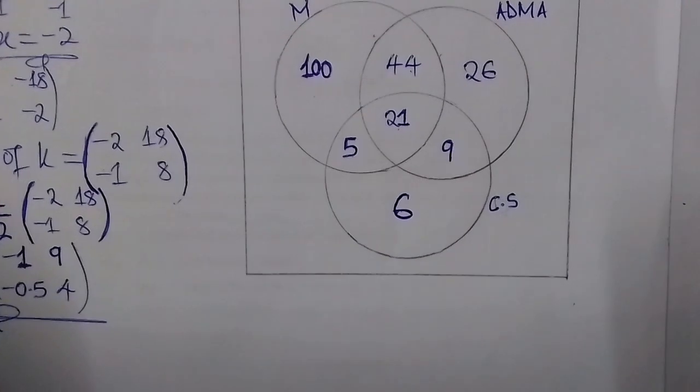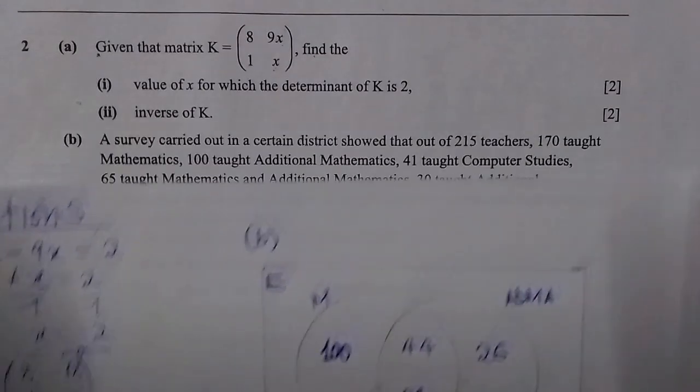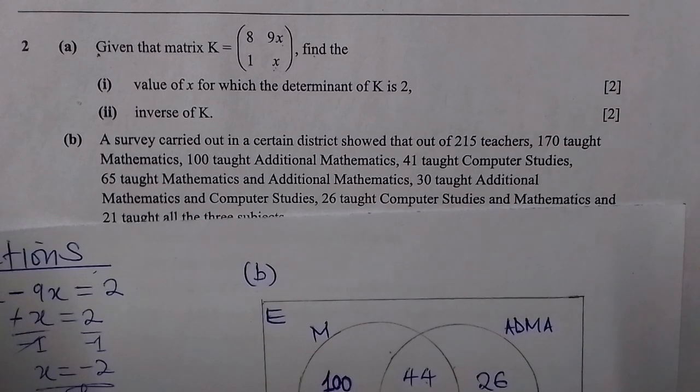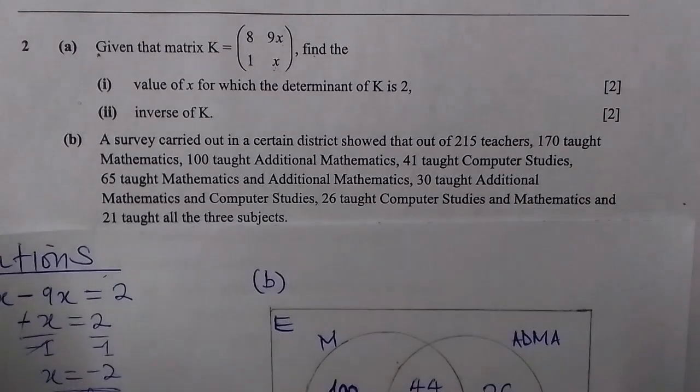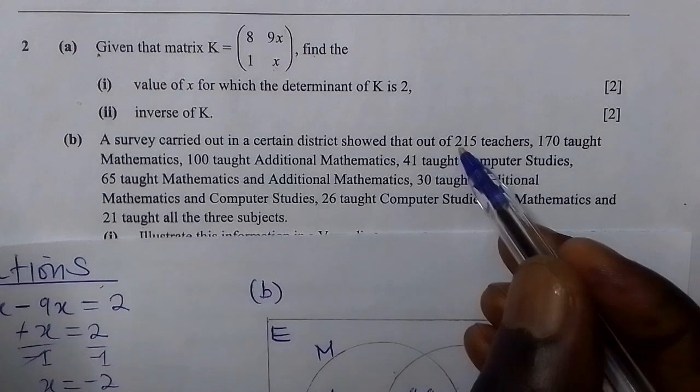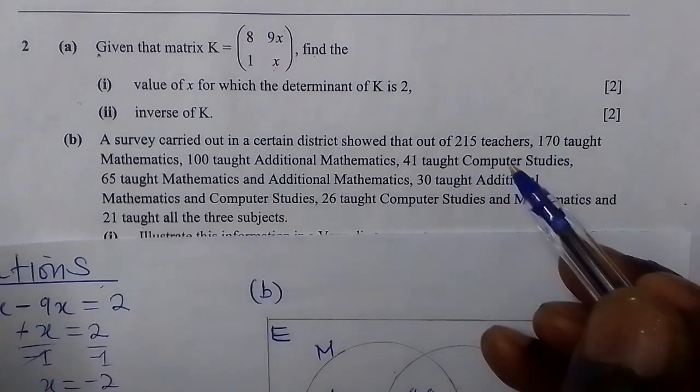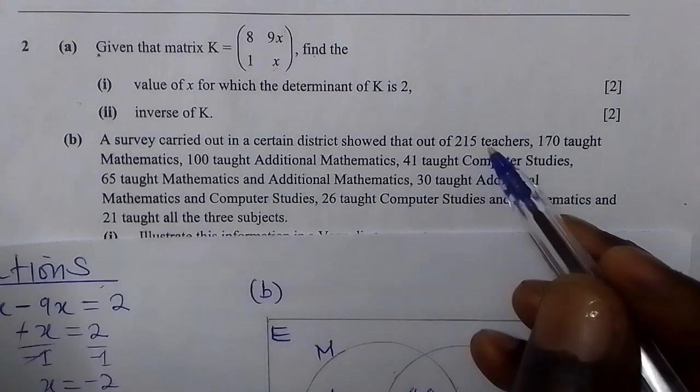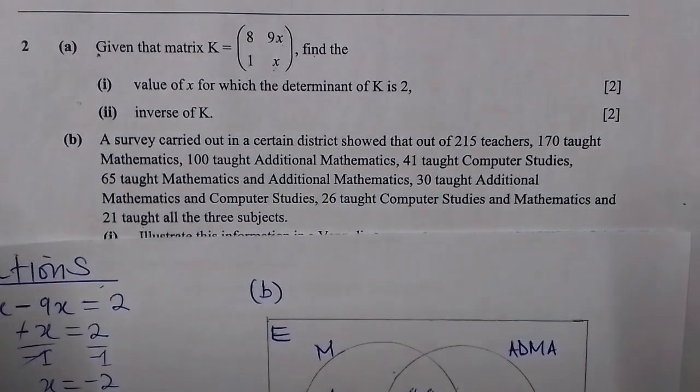So then we now need to compare with what we've been given in the Venn diagram. So in the Venn diagram, the total is 215 teachers. Okay, the Venn diagram is supposed to have 215 teachers.